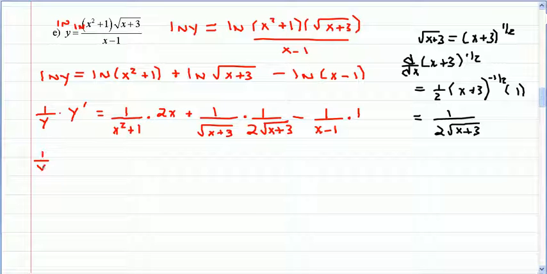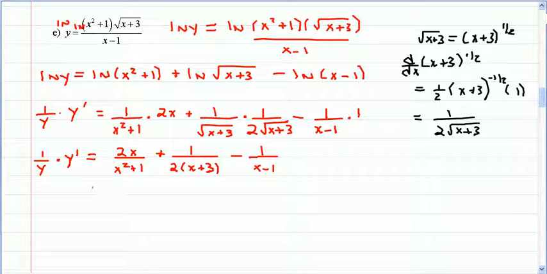Then I can rewrite this as 1 over y times y prime is equal to 2x over x squared plus 1, and then plus 1 over 2 times x plus 3. The two radicals cancel when you multiply them together, and then minus 1 over x minus 1.